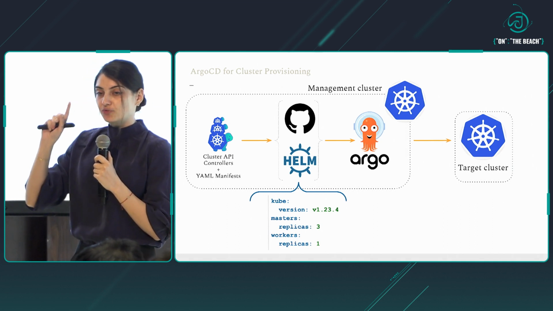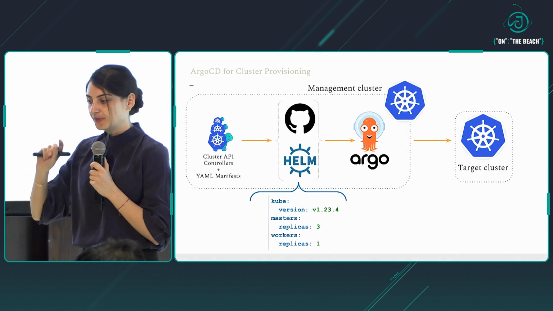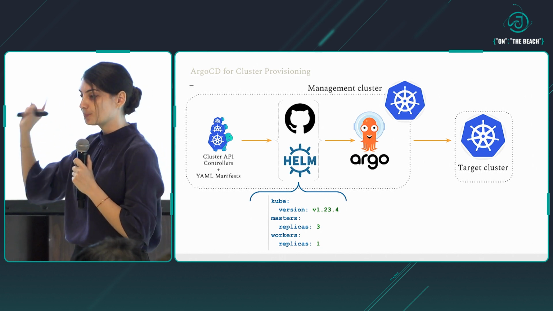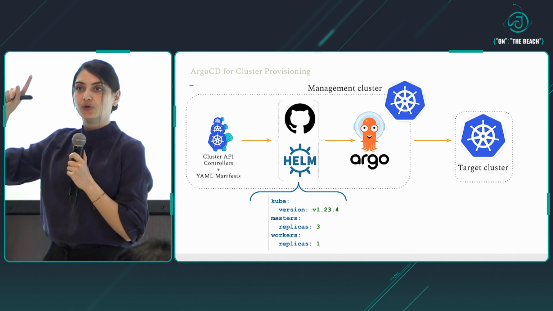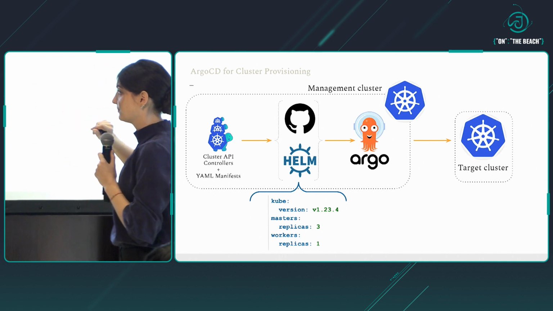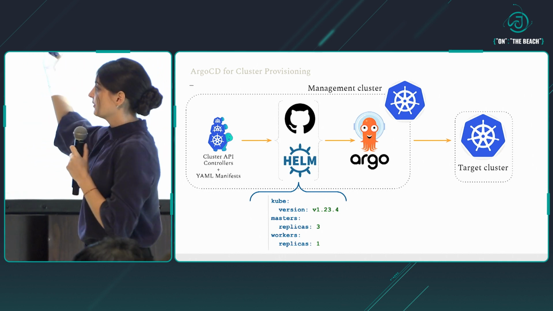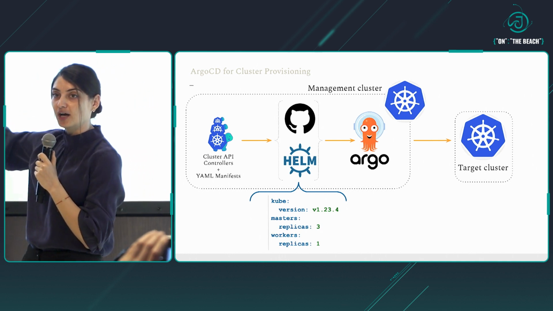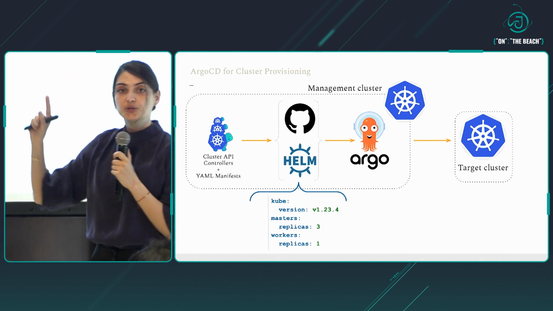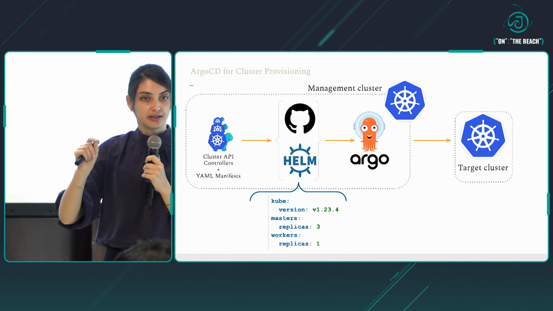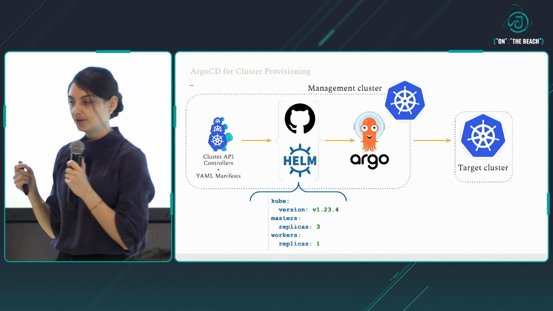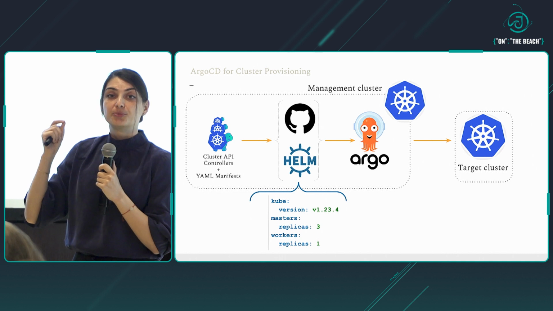Now, removing the Tinkerbell from the image, how do we improve the deployment of our cluster with Cluster API and Argo CD? So currently, on the management cluster, we still require that. On the management cluster, we have our controllers, we have our YAML manifests. But more importantly, this YAML manifest we can store in Git, which is a very important component for GitOps, and we can parameterize them.